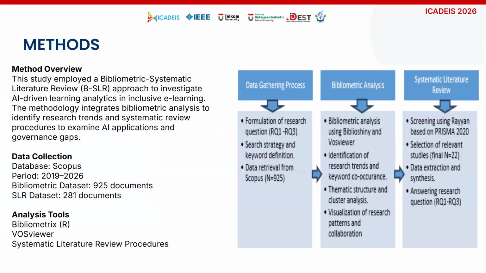Okay, for this study, we are using bibliometric and systematic methods for data collection. For data collection, we are gathering from a single database, Scopus, and for the bibliometric analysis, we are using data from 2019 until 2026, which resulted in 925 documents.